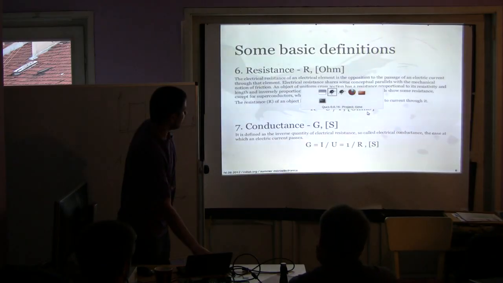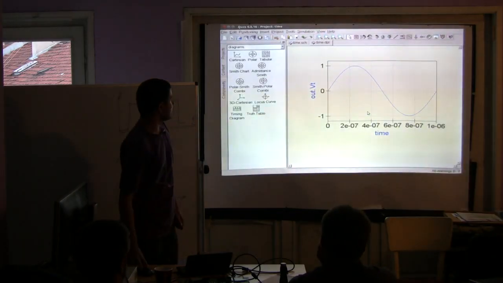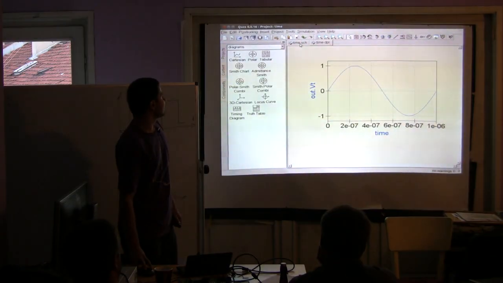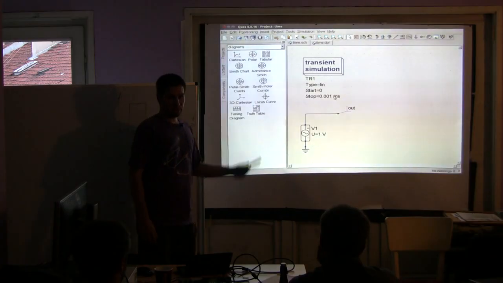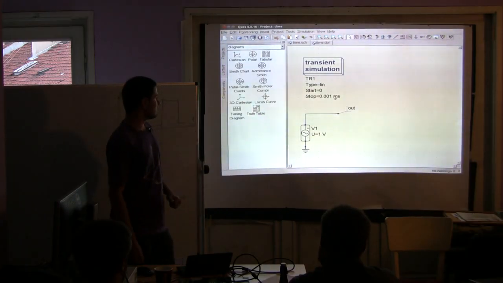What can we say about this in the simulators? We have here a voltage generator.